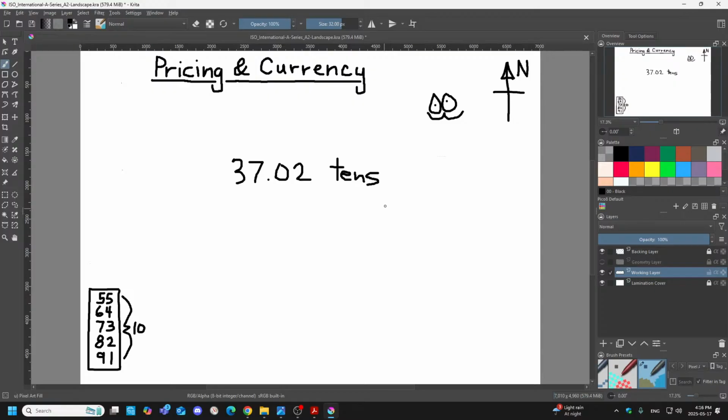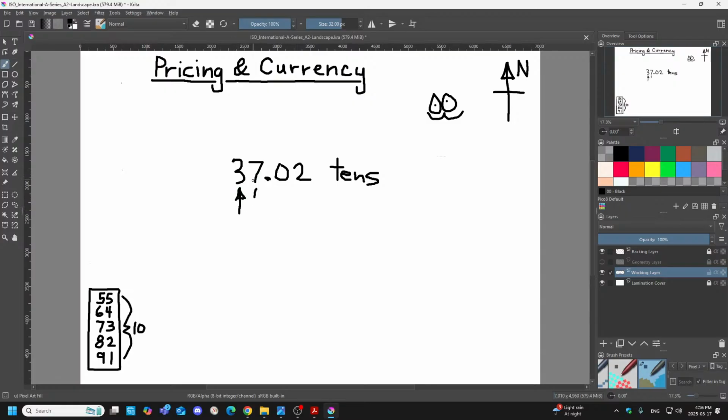Okay, so again, remember, anything to the right of the decimal is the "ths" places, except here it's tens. So ones, tens. That means we're rounding to this position.